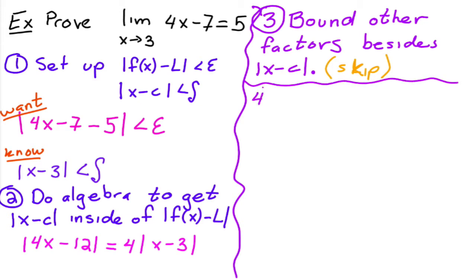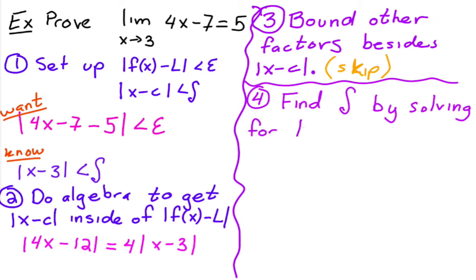Now, step 4 is to find your delta by solving for x − c in |f(x) − L| < epsilon. What you're trying to do in this step is figure out what you want delta to be.